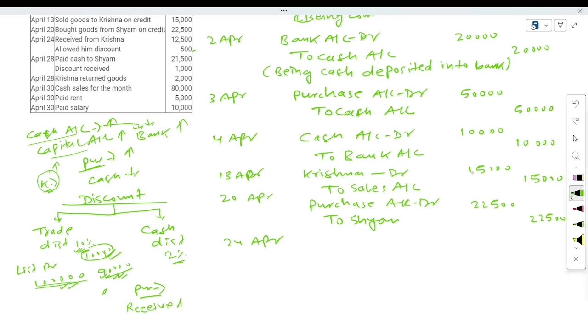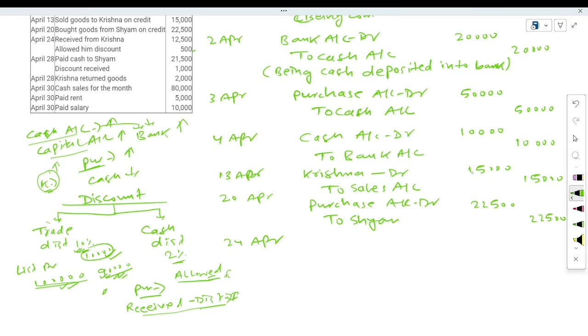And when we sell the goods, at that time you will allow the discount to your customer. So here there will be two terms. First will be discount received and second will be discount allowed. At the time of purchase you will receive the discount, and at the time of sale you will allow the discount. It means discount received is an income for the business and discount allowed is an expense for the business.